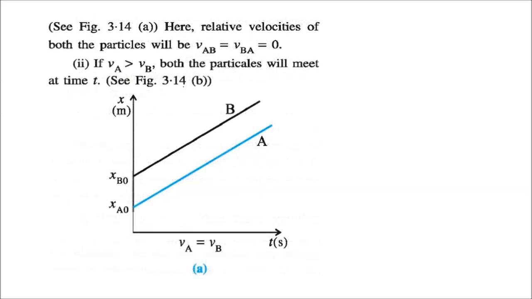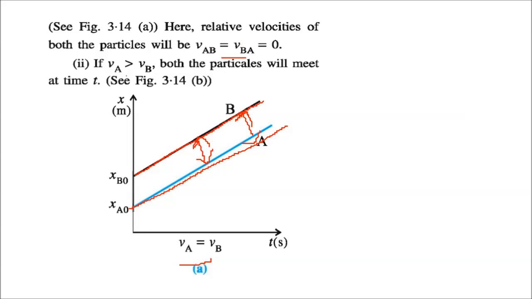So this distance will remain the same everywhere, and the relative velocity of both particles, VBA, will always be 0, because they are moving with the same velocity.